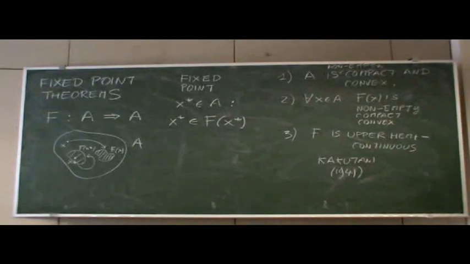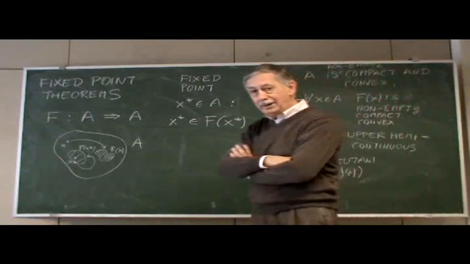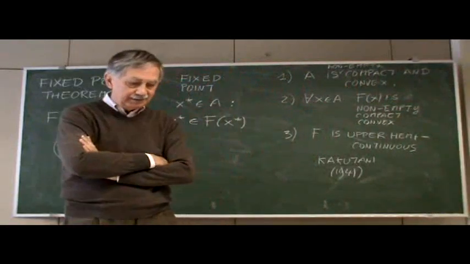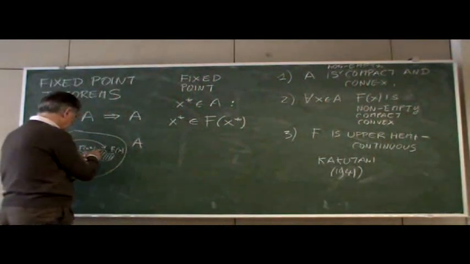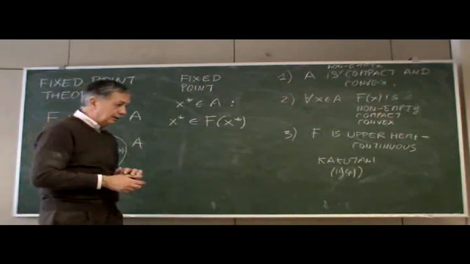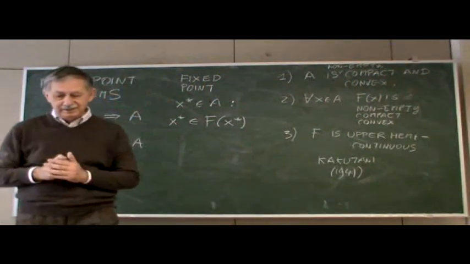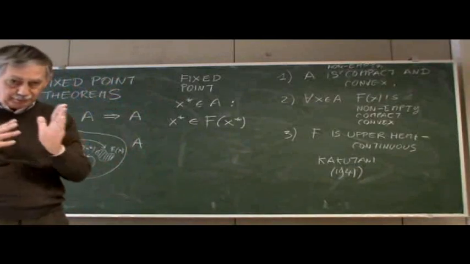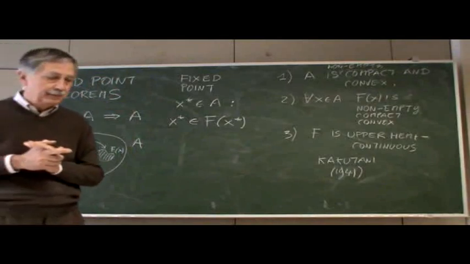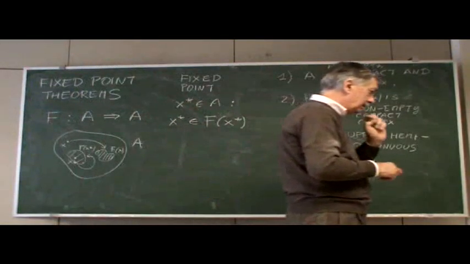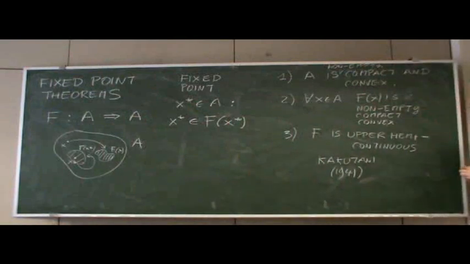When you have a correspondence, you must suppose upper hemi-continuity, which, do you remember, means that the image f of x cannot suddenly enlarge when you change slightly the vector x. However, these are mathematical properties.